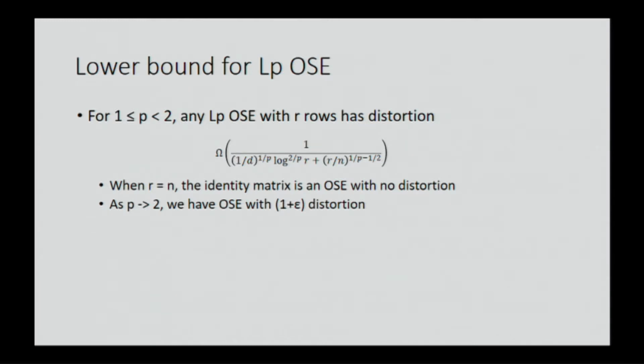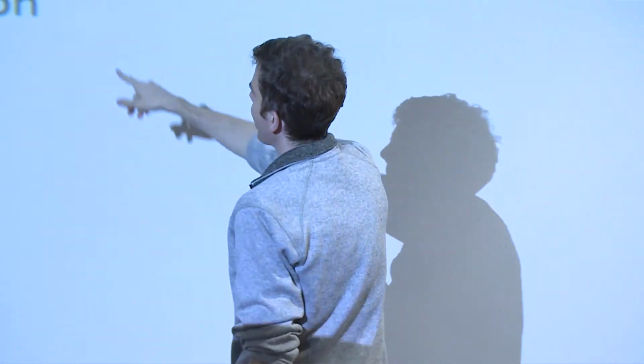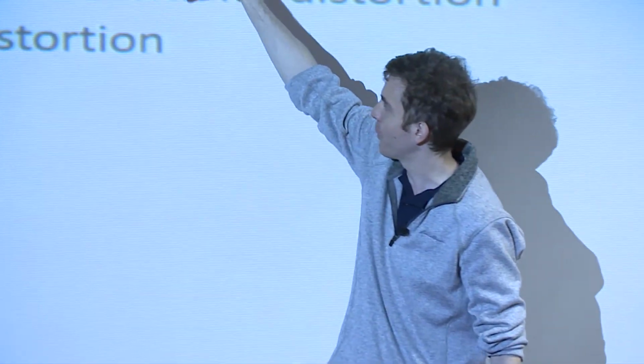So what does this funny thing look like? First of all, when r equals n, the number of rows in your sketching matrix is the same as the original dimension n, you can always choose the identity matrix and have no distortion. So you should get no lower bound here. And indeed, if I put r equals n here, this term becomes 1. So 1 over 1 plus something, at most 1, I get no lower bound.